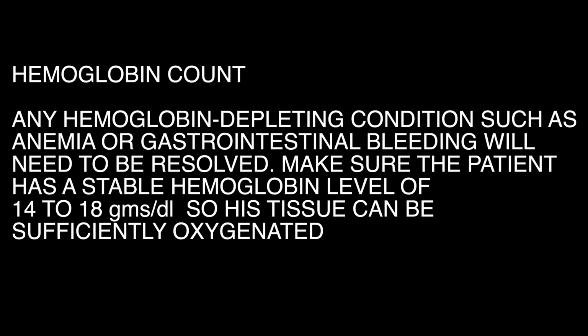Hemoglobin count. Any hemoglobin-depleting condition such as anemia or gastrointestinal bleeding will need to be resolved. Make sure the patient has a stable hemoglobin level of 14 to 18 grams per deciliter so his tissue can be sufficiently oxygenated.